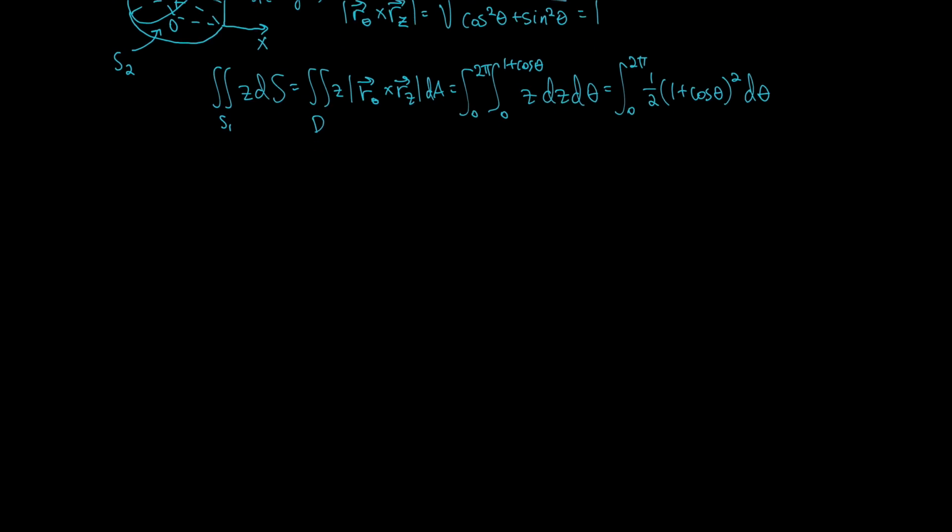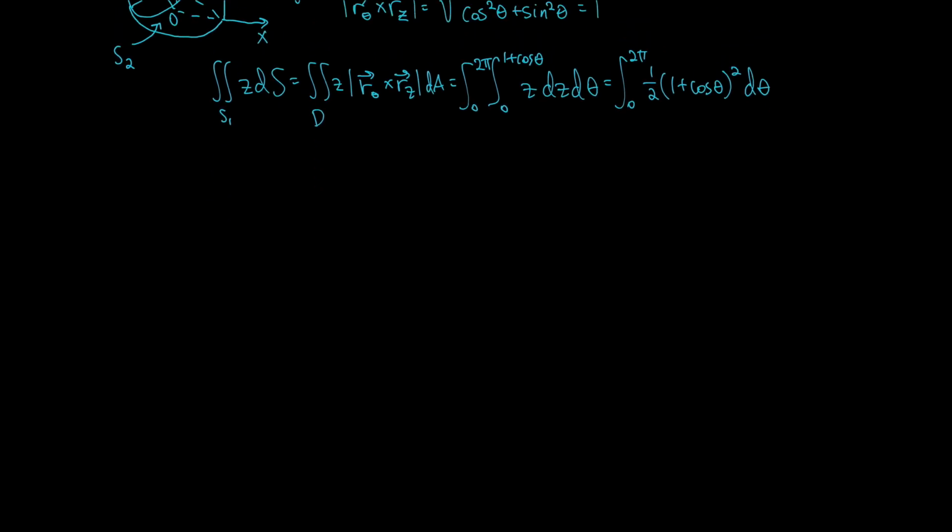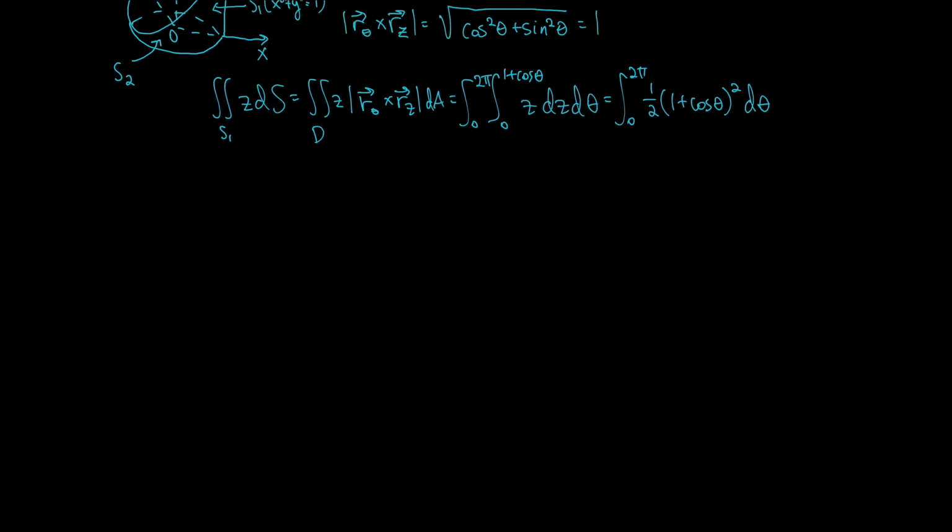So let's get a little more space and continue. We'll get one half of the integral from 0 to 2 pi of 1 plus 2 cosine theta plus one half times 1 plus cosine 2 theta, by just foiling and then using our half angle identity.